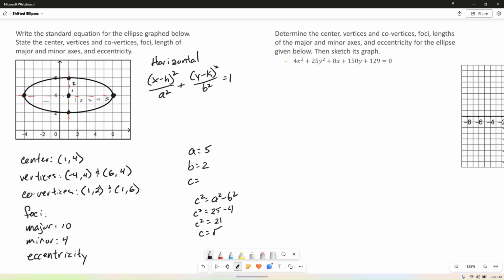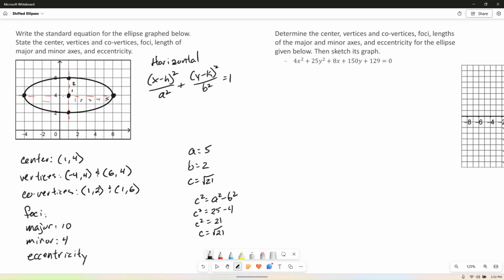So c is the square root of 21. And we can't really simplify 21 using perfect squares. So c is the square root of 21. All right, so let's write out our foci, and then we will figure out the eccentricity, and then we will write out the equation.